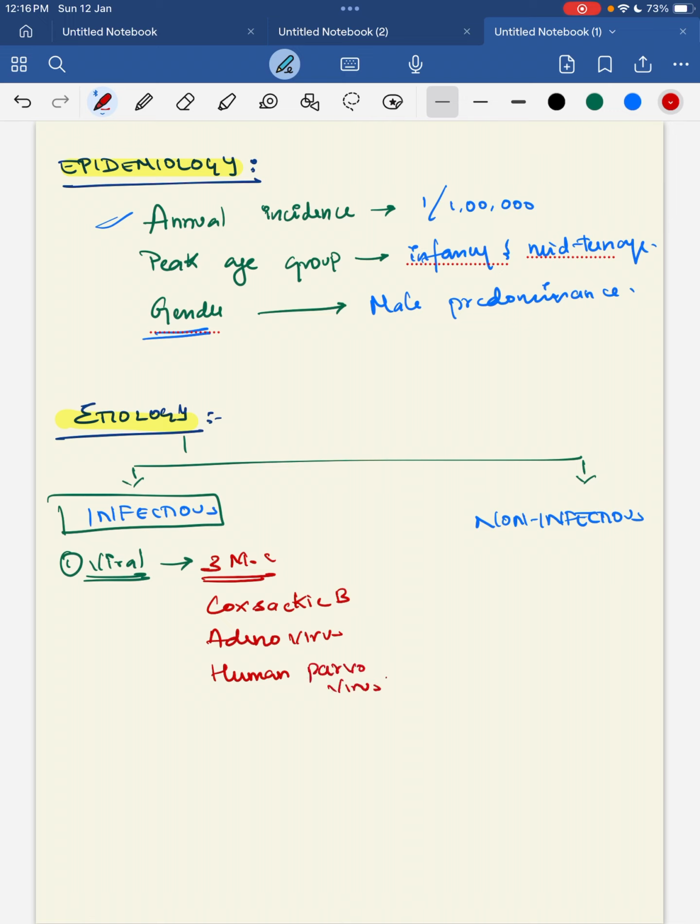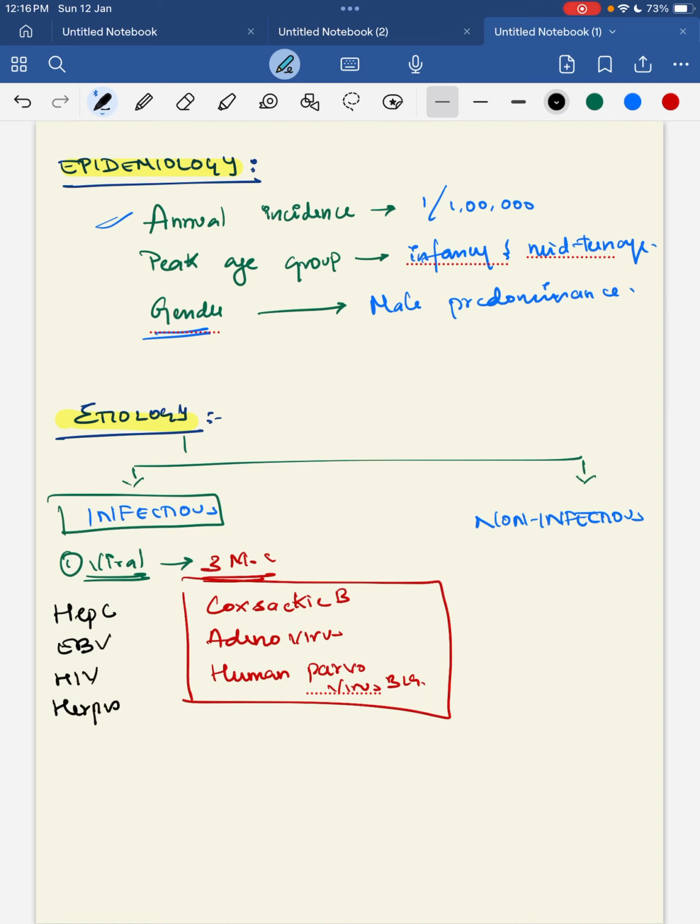Okay, these are the three most common viruses that can cause myocarditis in children. Other viruses that can cause it are hepatitis C, EBV, HIV, herpes, measles, mumps, rubella, varicella, yellow fever virus, and dengue virus. These are the other viruses that can also cause myocarditis.